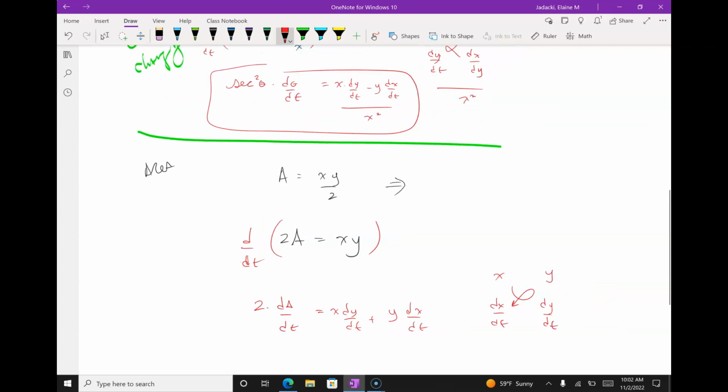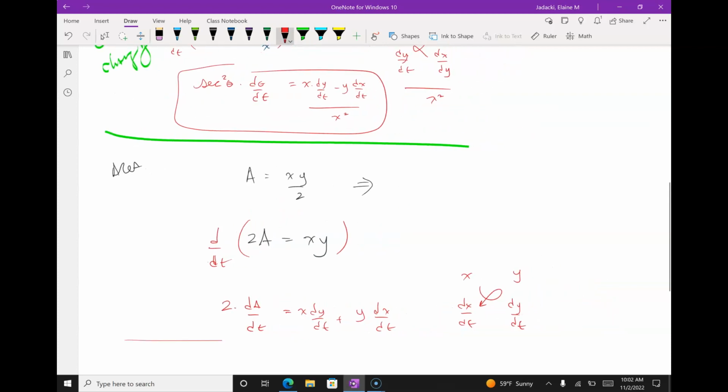Notice all of them have x's and y's involved. Where do I get my secant squared theta from? Yes, but I want it all to be in terms of x and y. Remember, I said x was 6.